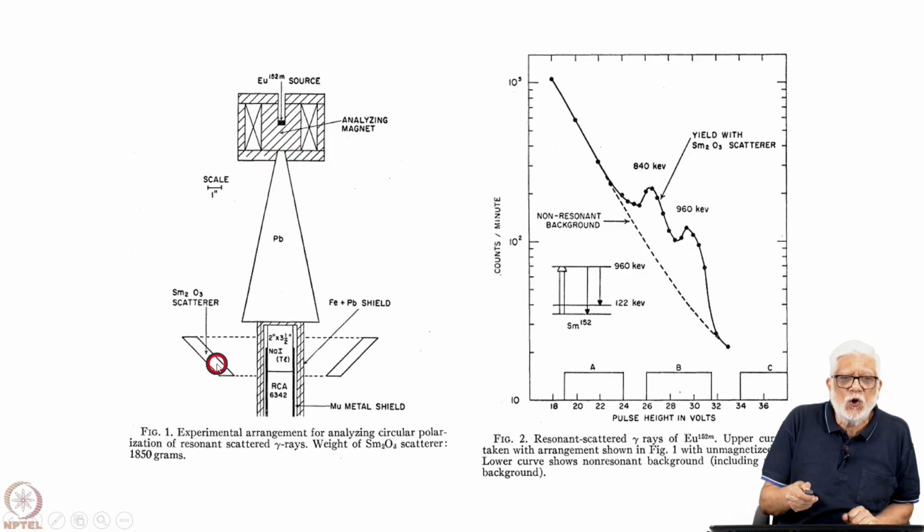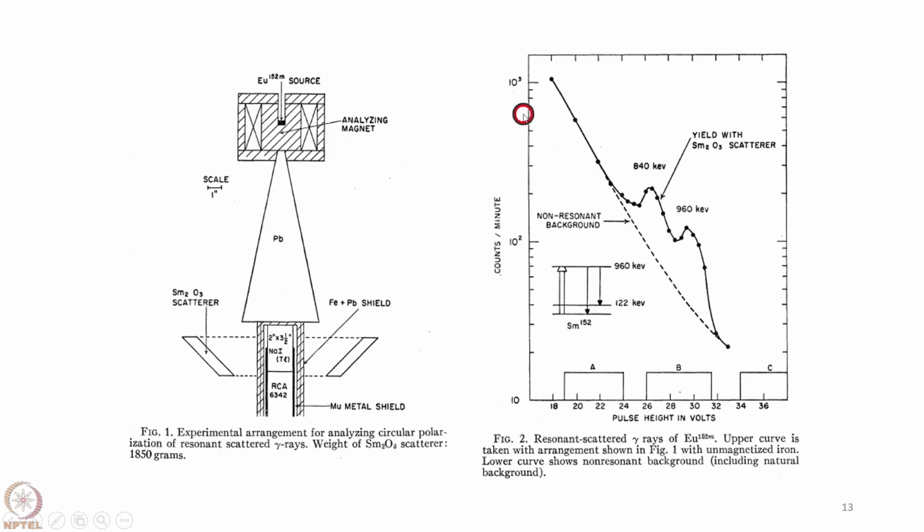Then these fall on a samarium target, and you can have resonance absorption, resonance scattering actually, and these resonantly scattered photons are detected here. The direct photons are absorbed in this thick lead, and so this is the photon spectrum that you see. You see this 840 keV transition and then the 960 keV transition.